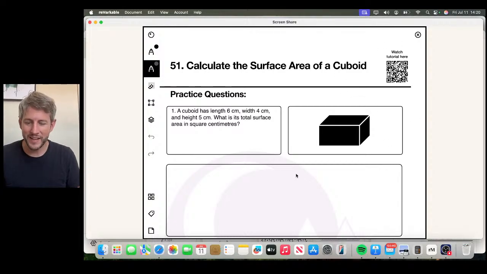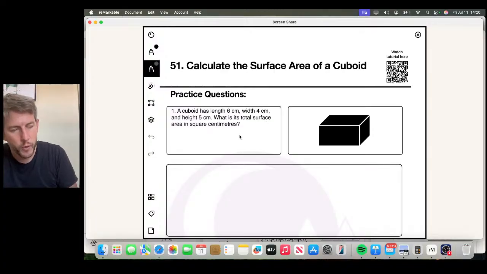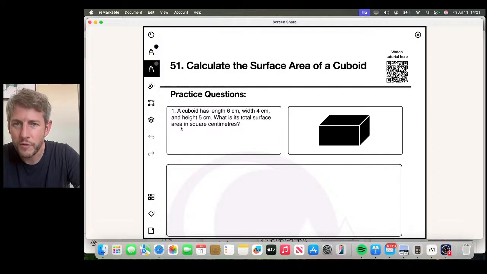Okay, so let's begin. Question 1 says, a cuboid has length 6 centimeters, width 4 centimeters, and a height of 5 centimeters. What is the total surface area in centimeters squared? So cuboids have 6 faces, which all involve these rectangles.